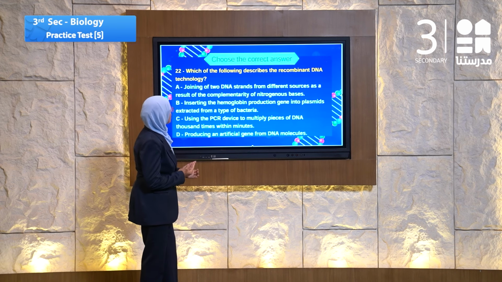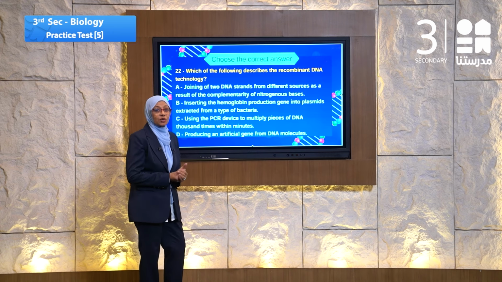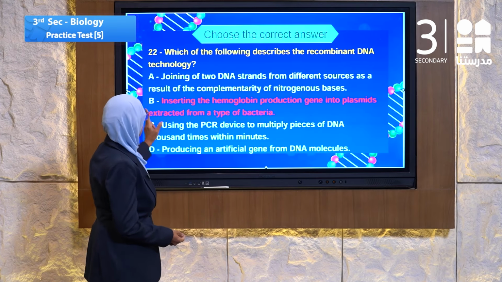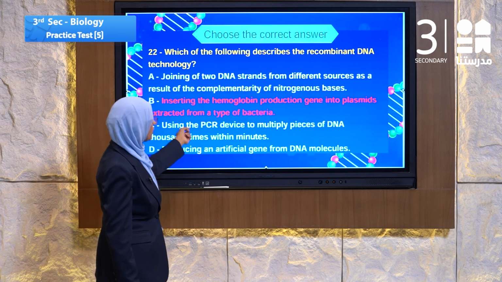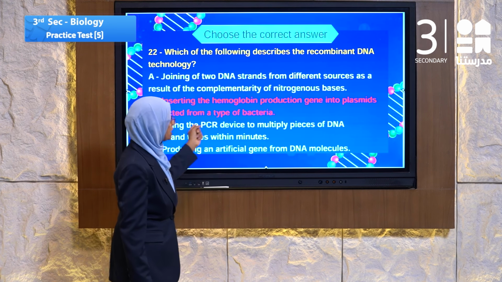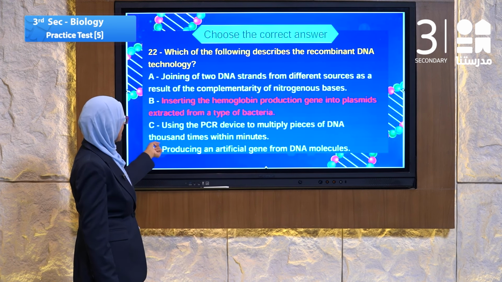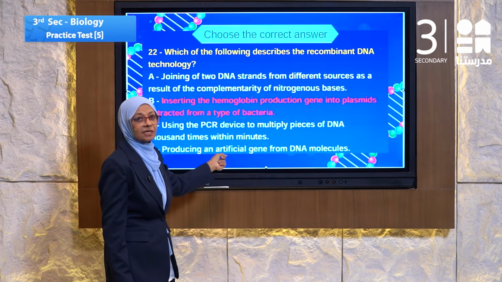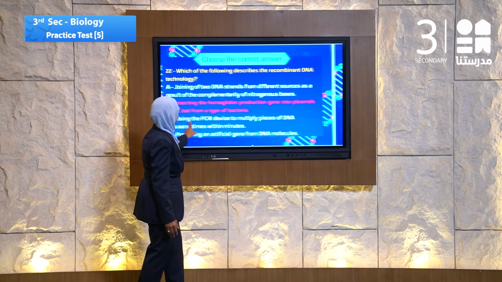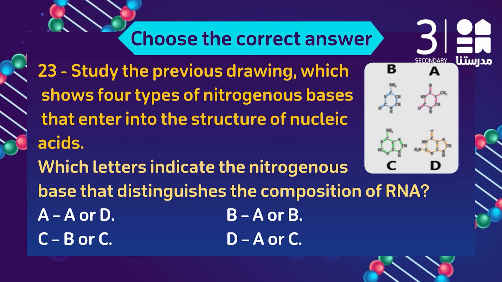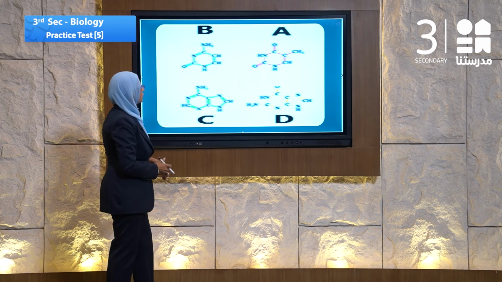Now, recombinant DNA technology must be B, inserting the hemoglobin production gene into a plasmid extracted from a type of bacteria. Let's go to question number 23, which has a figure. Let's see the figure first.